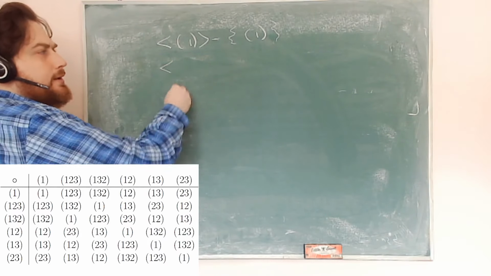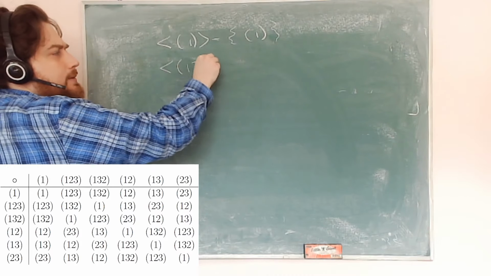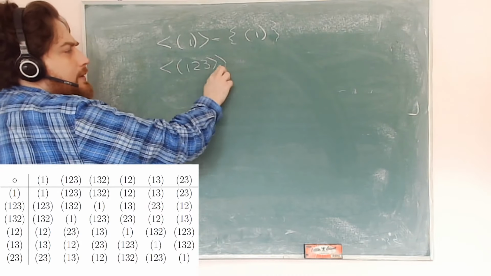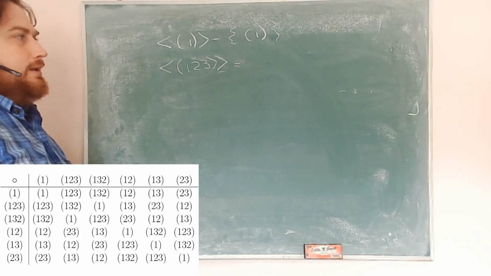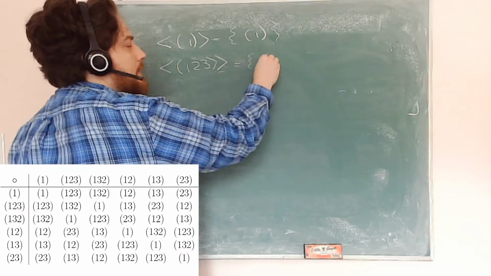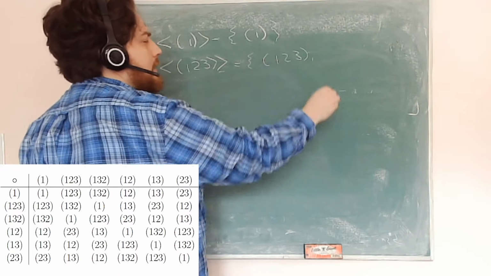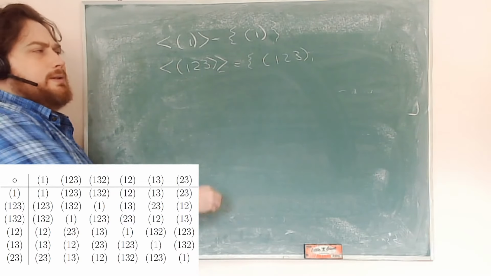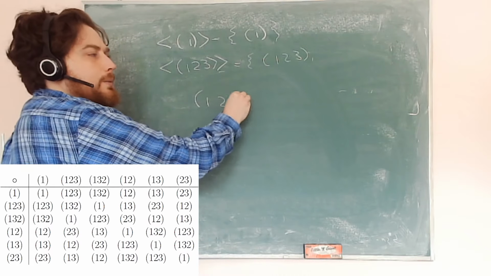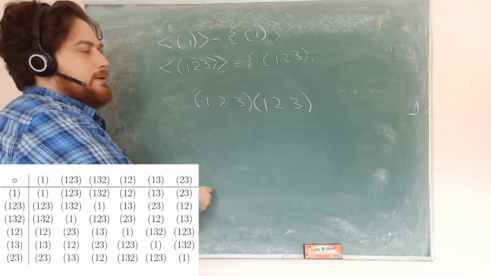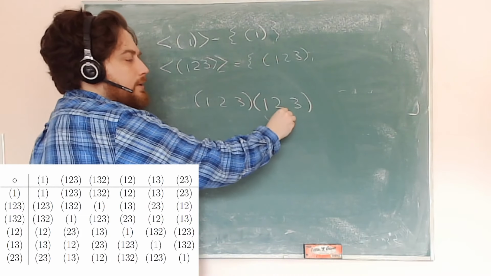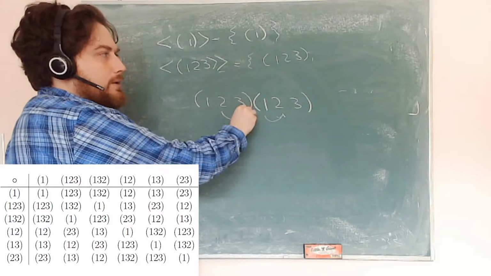So if I look at my Cayley table, the next thing I had written up there was 1, 2, 3. So I'm going to find the group generated by 1, 2, 3. And so what I'm going to get is I'm going to start off with 1, 2, 3. And then I'm going to compose that with itself. So if I take 1, 2, 3, composed with 1, 2, 3, I'm going to start off and say, okay, 1 goes to 2, but then 2 goes to 3.